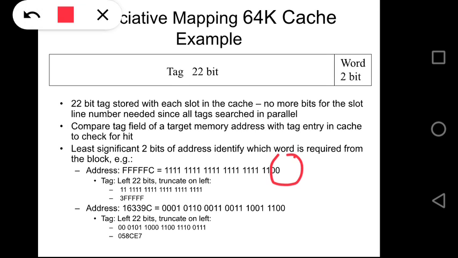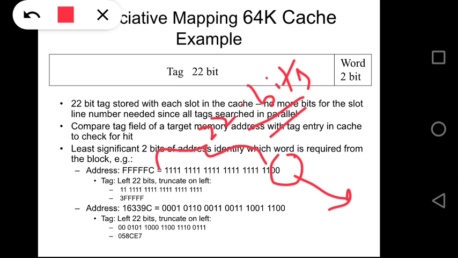Except these two bits, the remaining 22 bits are stored as they are in the cache memory using a technique called content addressable memory. The last two bits are used for identifying a word in the block, like 00 means the first word.